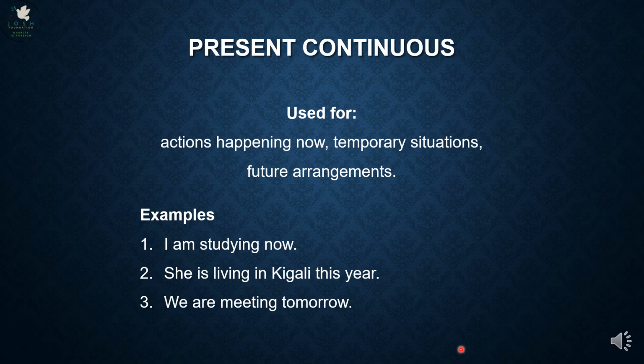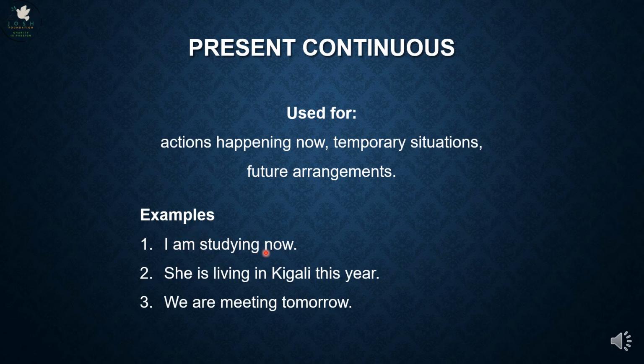When we talk about future arrangements, future plans, we shall see the use of present continuous for future. Simply, it is the three uses. Actions happening now. What is happening now? Things happening around us. And we use it for temporary situation, something happening but not for a long period of time. And the future arrangement. And again, we could use it for two actions happening at the same time.